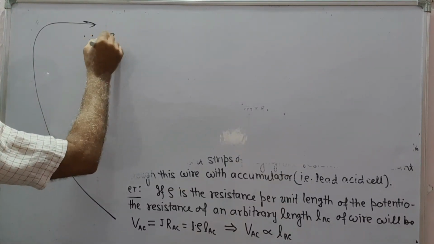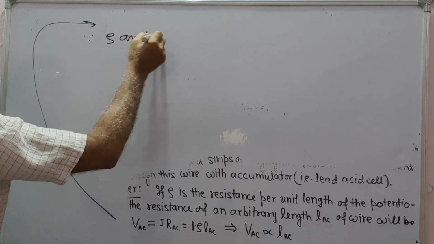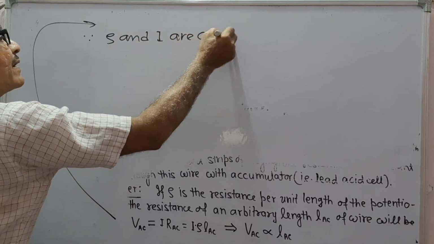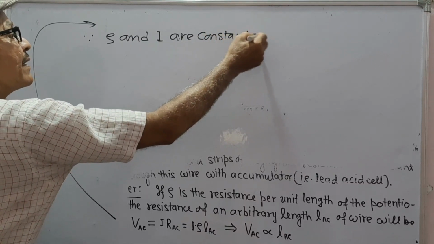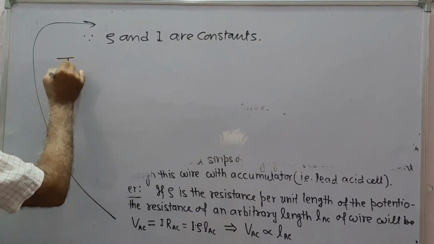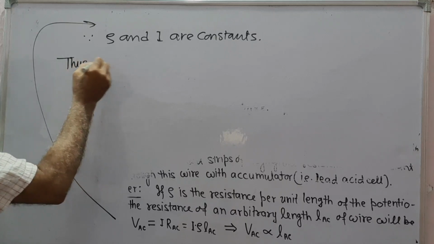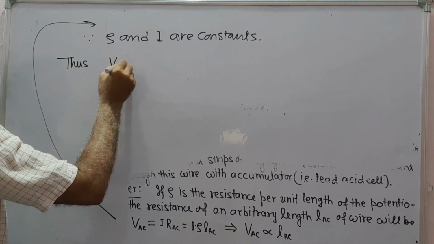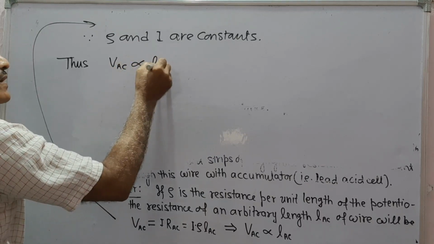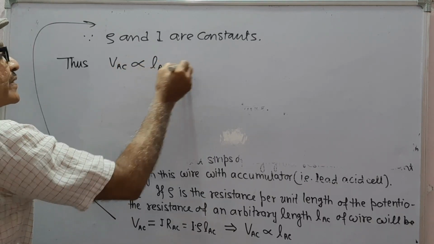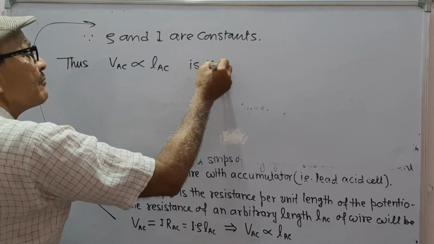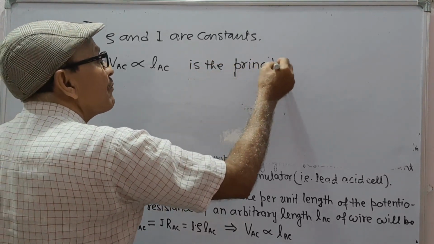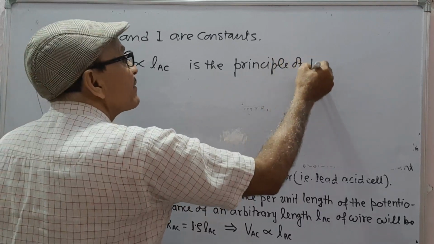Thus, V_AC is directly proportional to L_AC. This is the principle of potentiometer.